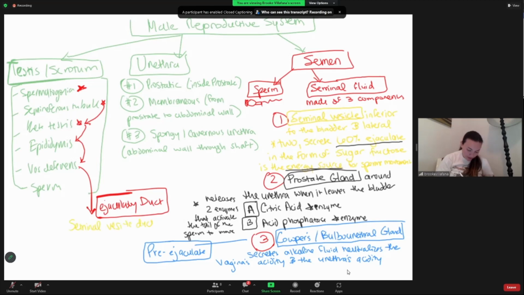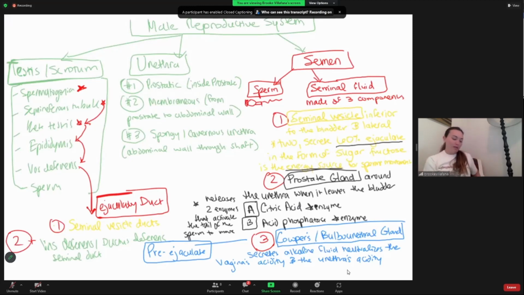When the seminal vesicles release their product, which we know is the fructose, one seminal vesicle duct will combine with the vas deferens, ductus deferens, or seminal duct, and we know that that has the sperm, right? So there's the sperm connecting into the ejaculatory duct. Those 2 components make up the ejaculatory duct.